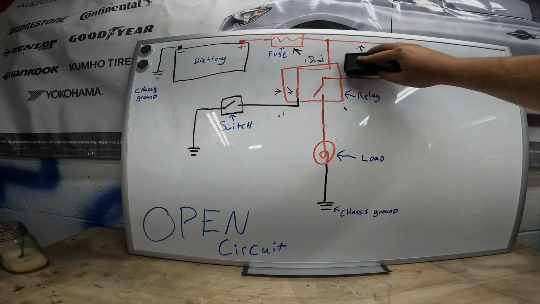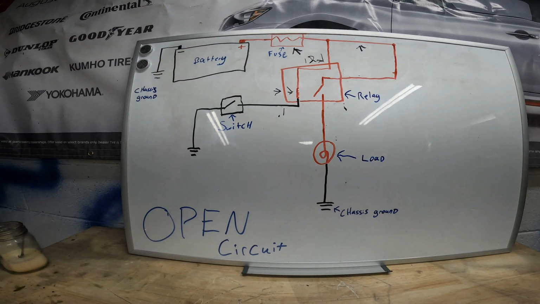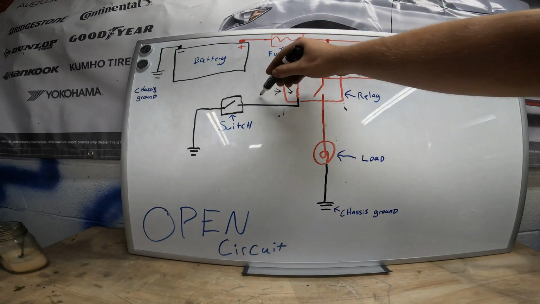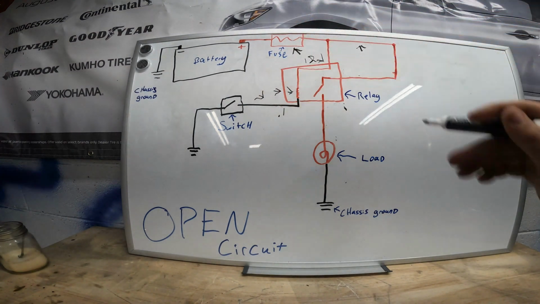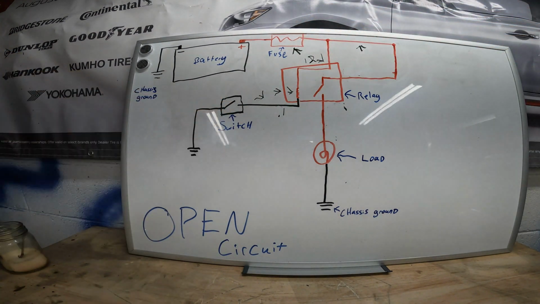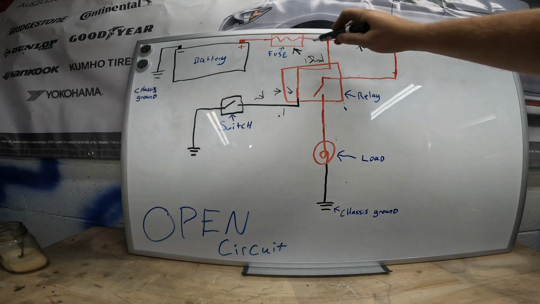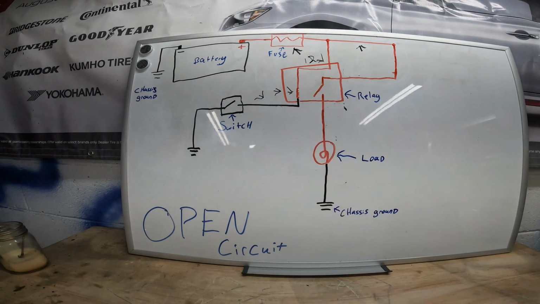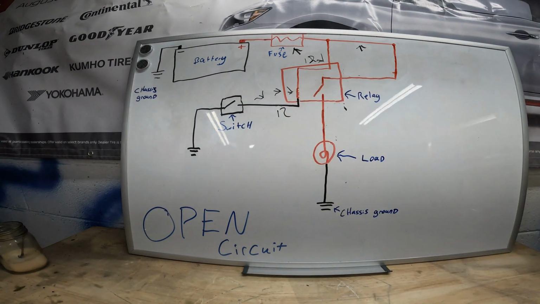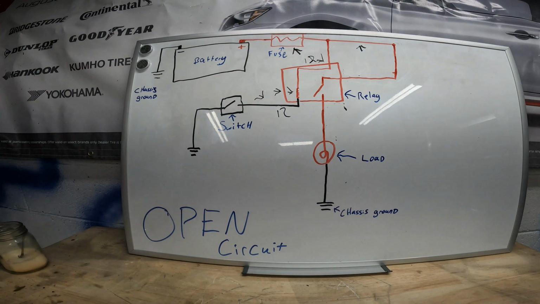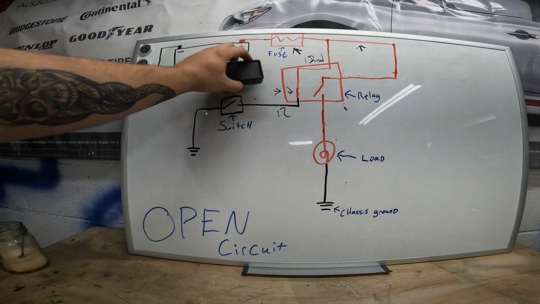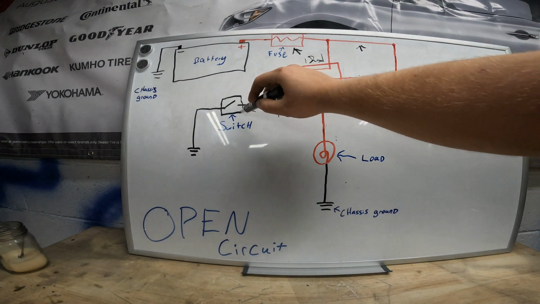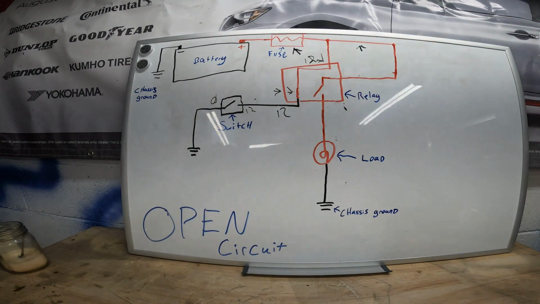So now, let's say you have an open here. Whether you hit the switch or not, you'll have 12 volts all the way to that open. Now this switch, when it's not being operated, isn't open, so it'll do the same thing. All the way to the switch, you'll have 12 volts. After the switch, 0 volts.